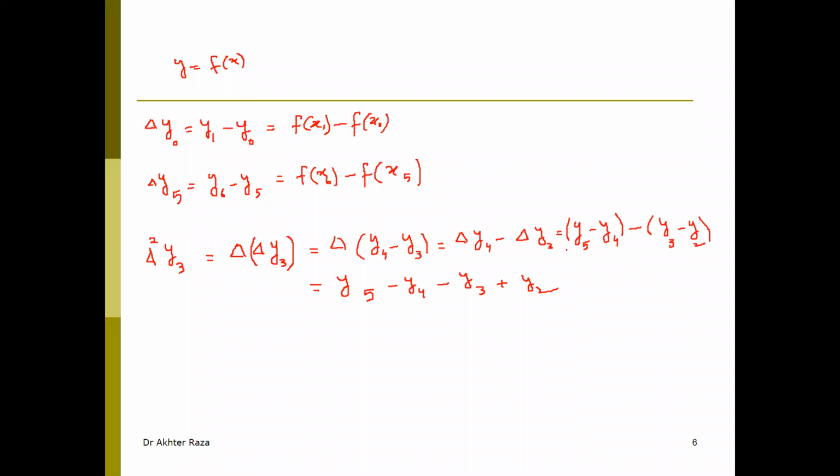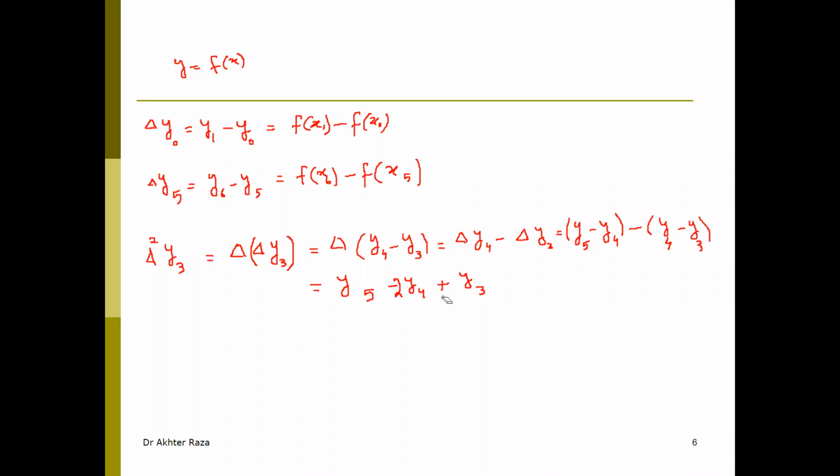I think there is an error. This should be y4 minus y3, because we have delta y3, and delta y3 means y4 minus y3. So now we have y4 here and y4 here, so this will become minus 2y4. And we have plus y3, and there is no y2 in this expression. So this is the expansion of delta square y3.